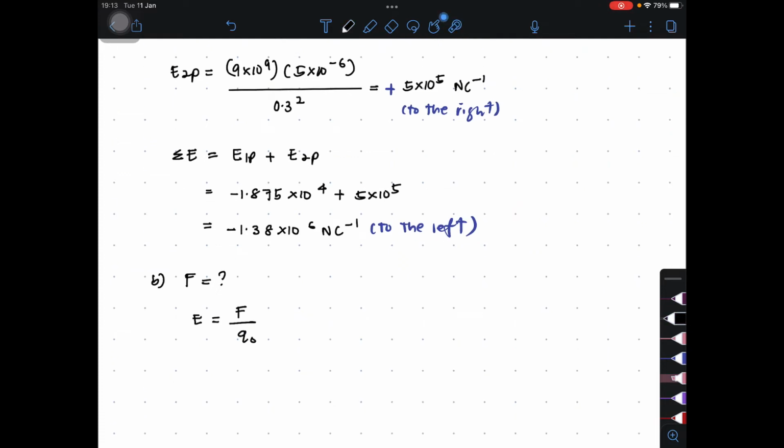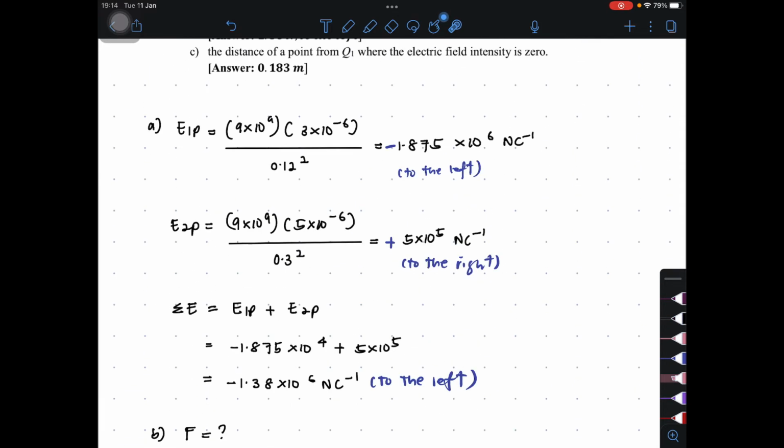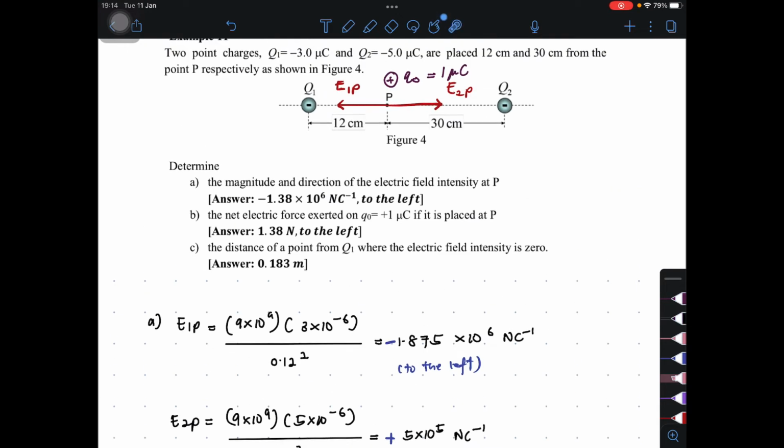So just substitute the electric field strength 1.38 exponent 6 equal to F, the force, divided by Q naught. This one is given here, 1 microcoulomb. So you will get the force equal to 1.38 Newton.